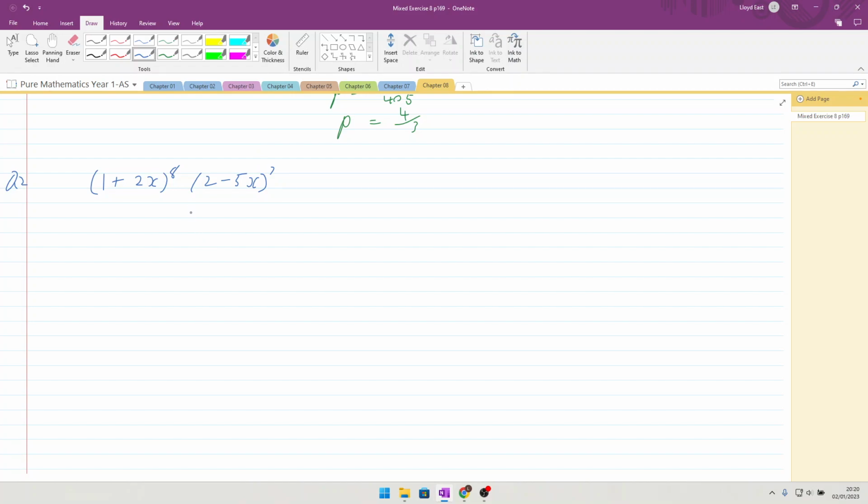Don't particularly want to multiply it all out because that is going to take too long. So we need to start thinking about where the x squared term for this is going to come out of. Obviously, there's going to be an x squared term come out of this 1 plus 2x to the power of 8. There's also going to be an x squared term come out of this 2 minus 5x to the power 7.